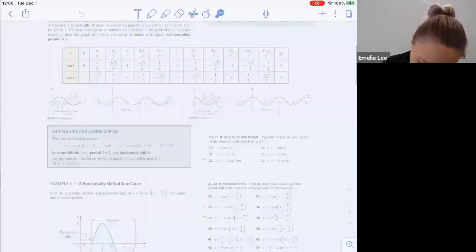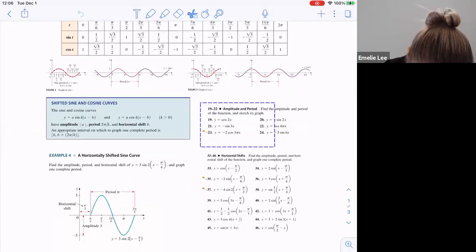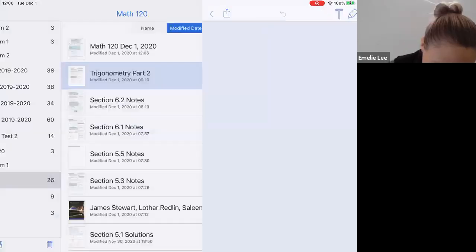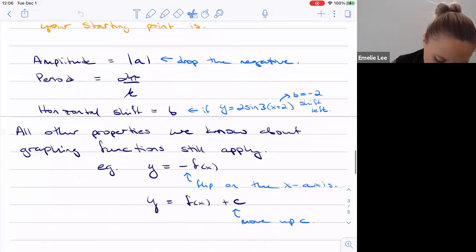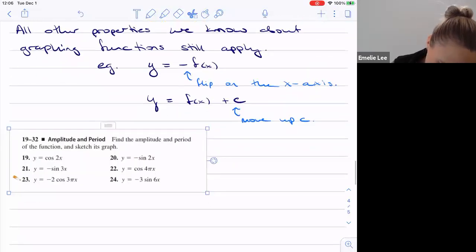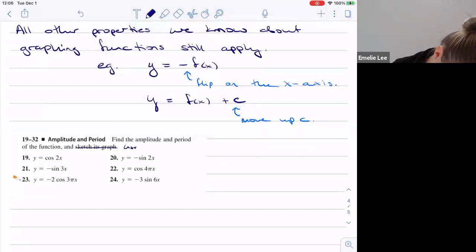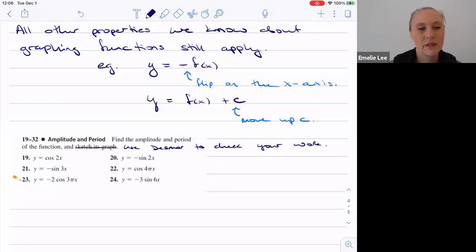So let's do just one of these where we don't have any horizontal shifts yet. And use Desmos to check your work. Okay.